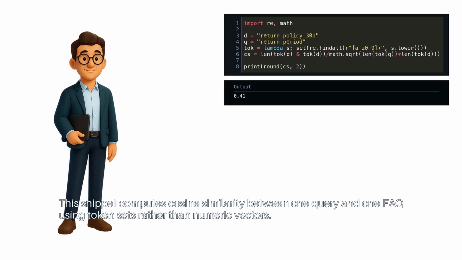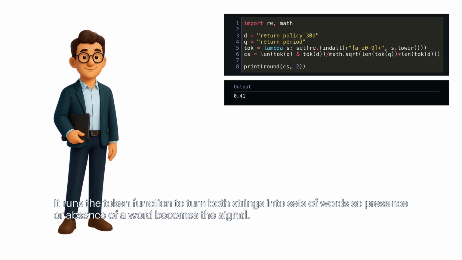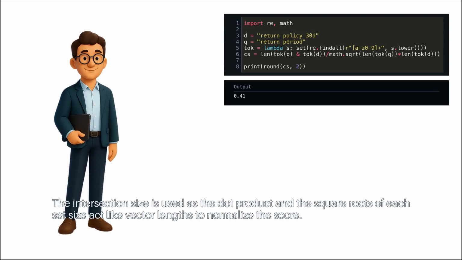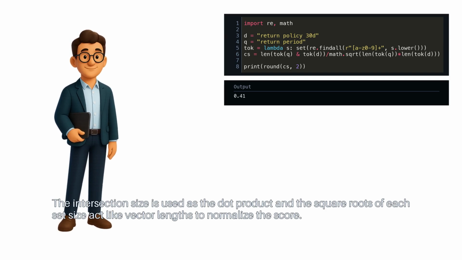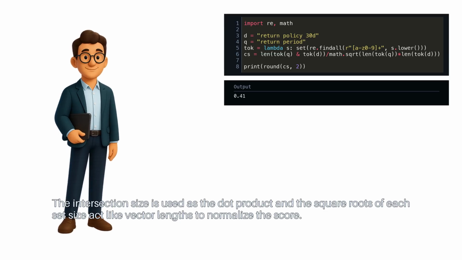This snippet computes cosine similarity between one query and one FAQ using token sets rather than numeric vectors. It runs the token function to turn both strings into sets of words. So presence or absence of a word becomes the signal. The intersection size is used as the dot product, and the square roots of each set size act like vector lengths to normalize the score.